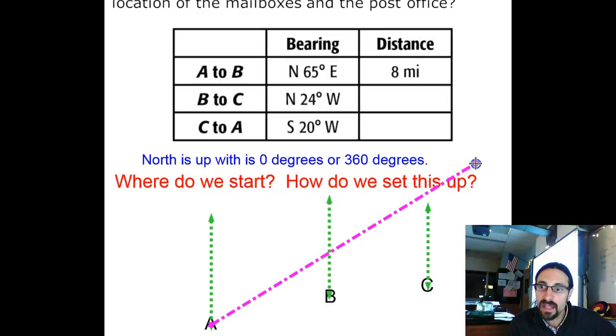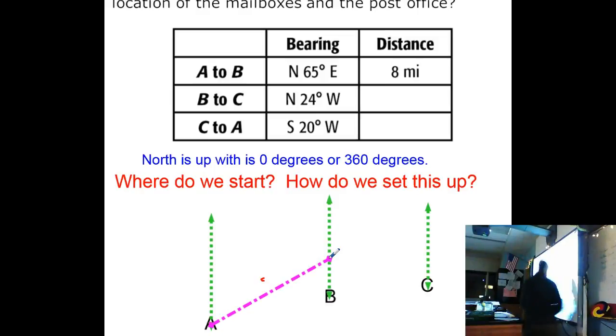It's 65 degrees. Now, it does very specifically say it is 8 miles. So I'm going to step to the board here and mark this out very clearly that this is 8 miles from A to B, and that this angle right here is 65 degrees. Now the next piece of information, so check. I've done this first part right here.